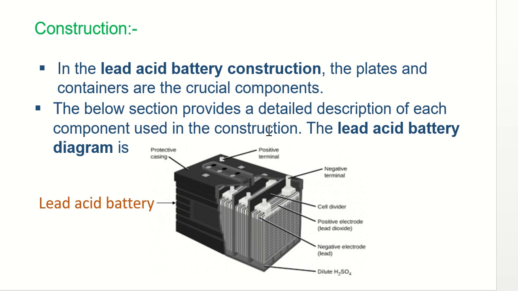In the lead acid battery diagram, this is the protective casing, the positive terminal, the negative terminal, the cell divider, the positive electrode lead dioxide, PbO2, the negative electrode lead, Pb, and finally dilute H2SO4.